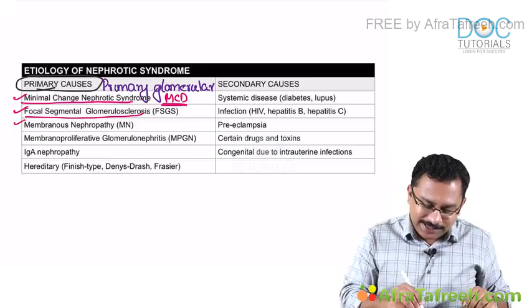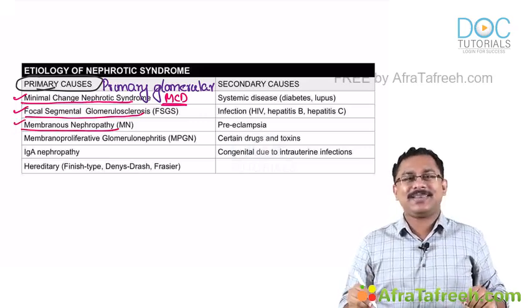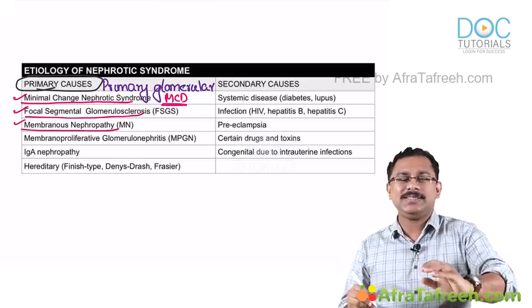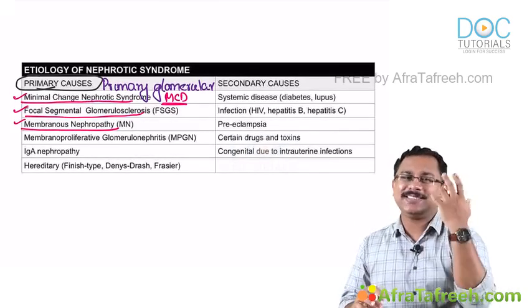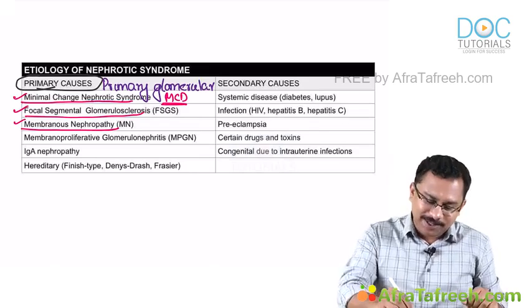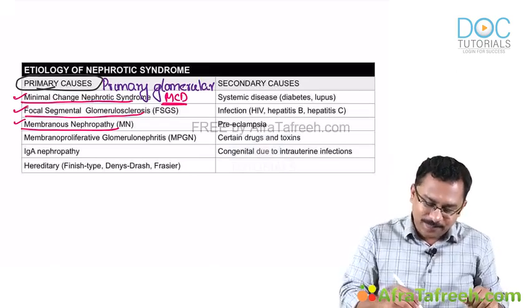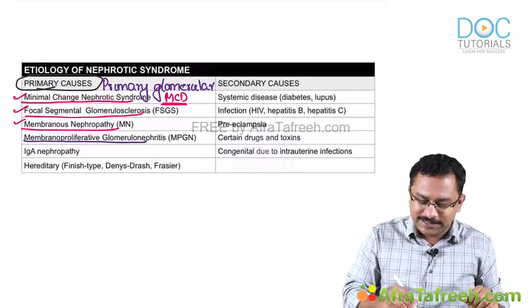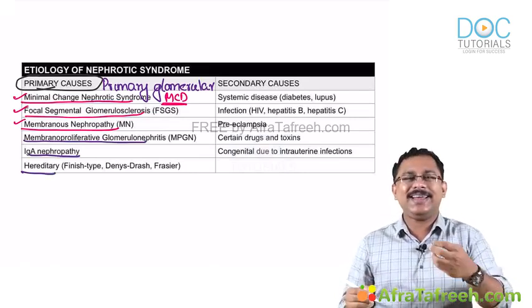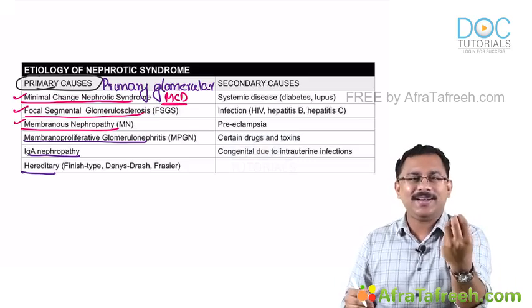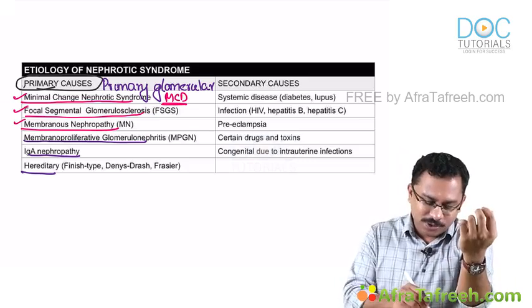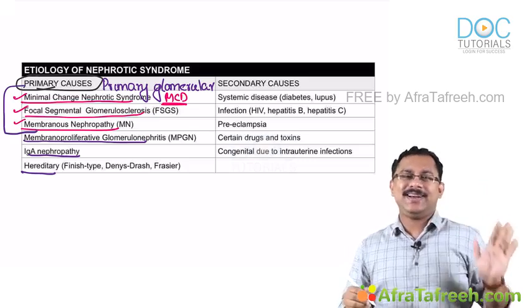And third one is membranous nephropathy. These three are the disorders that predominantly present with nephrotic syndrome. Yes, sometimes you may have membranoproliferative glomerulonephritis, IgA nephropathy, and certain hereditary conditions as well that can present with a nephrotic syndrome. But most important is the first three conditions.